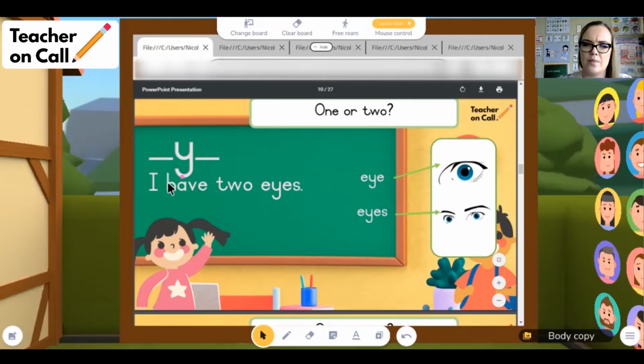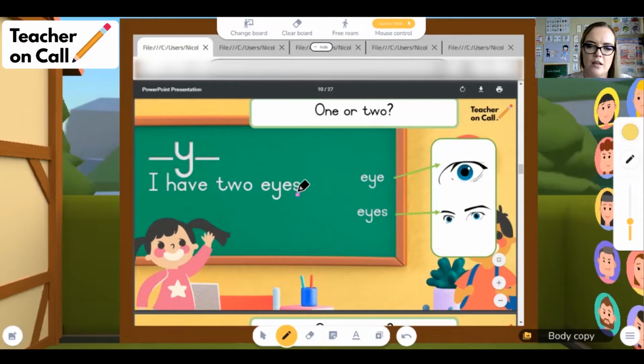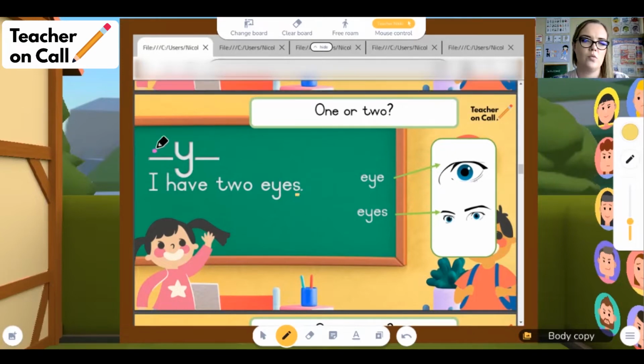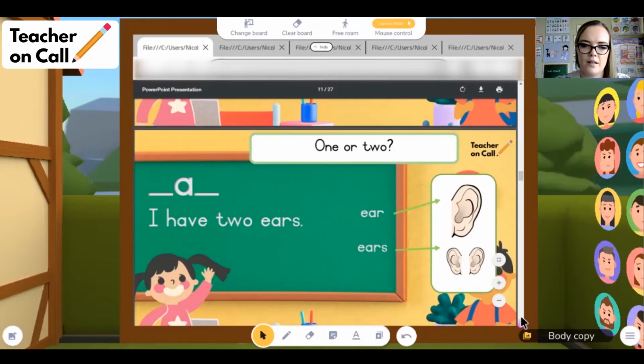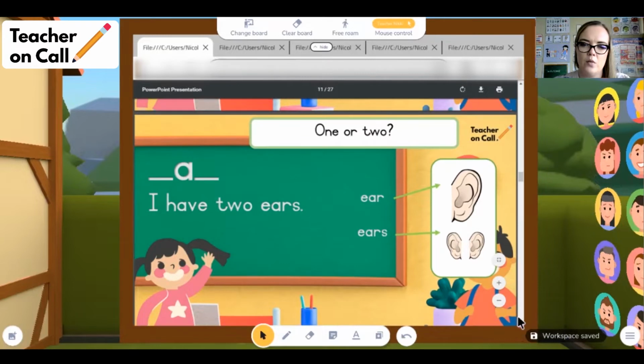One or two. I have two eyes. We add S to the end of the word because it's two or more. On your worksheet, go ahead and write eyes. I have two eyes. One or two.